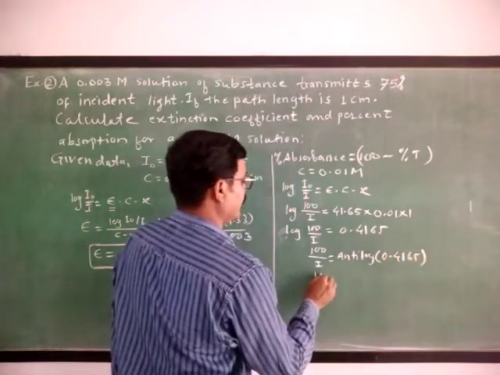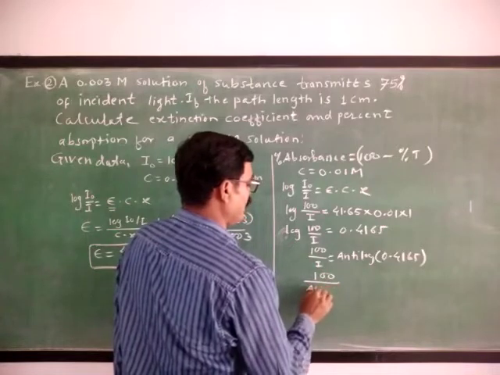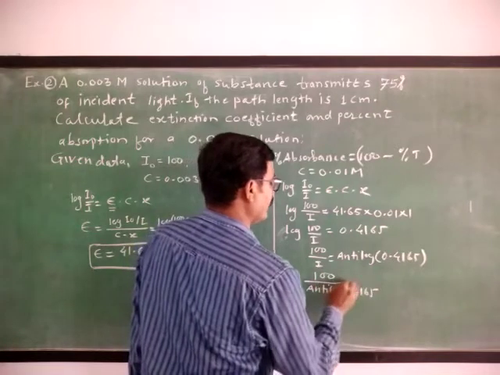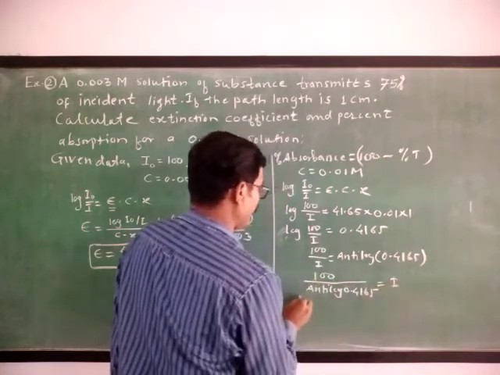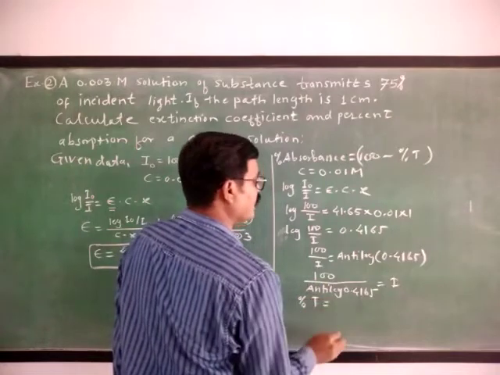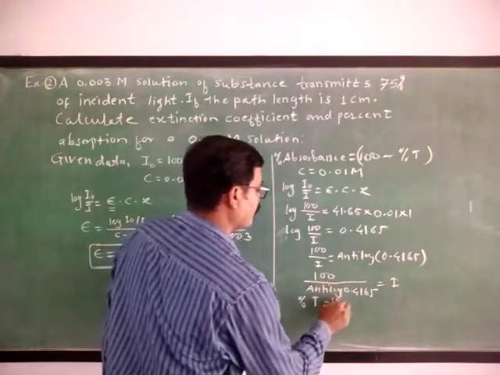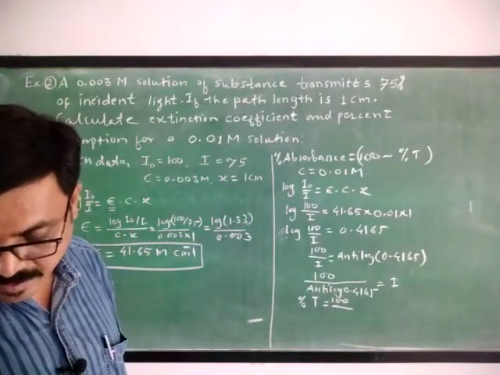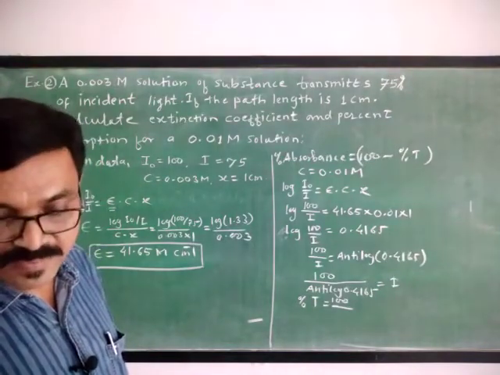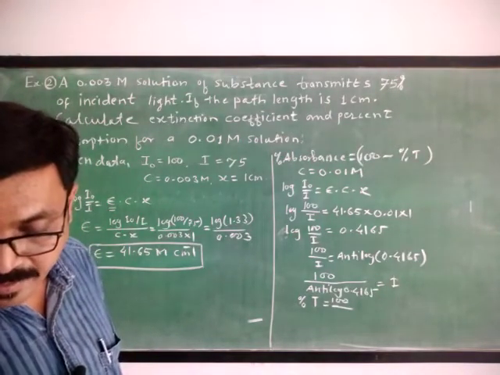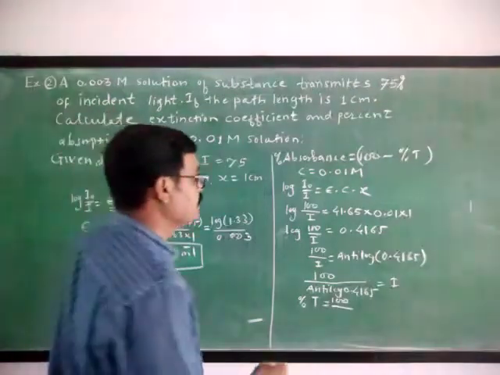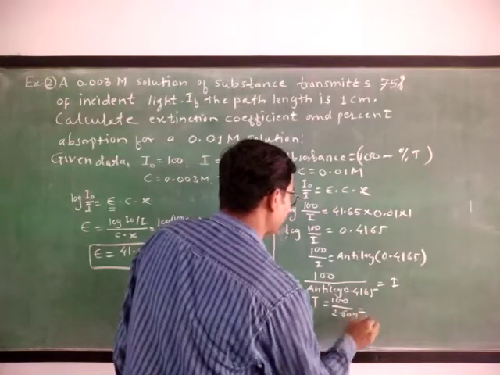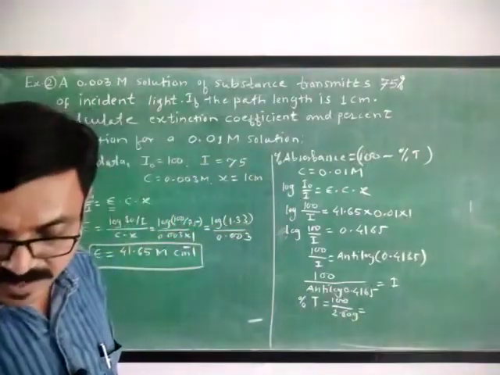Now 100 upon anti-log of 0.4165 is equal to I. That's why percent transmittance is equal to 100 upon anti-log of 0.4165, and the anti-log of 0.4165 is found to be 2.609.